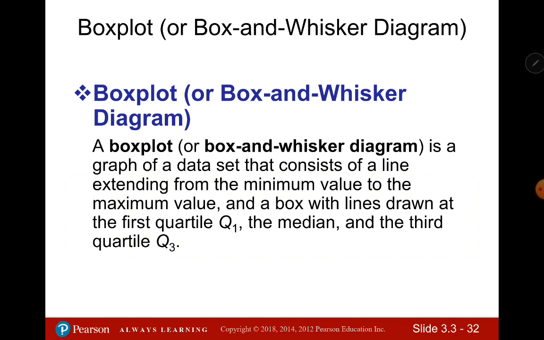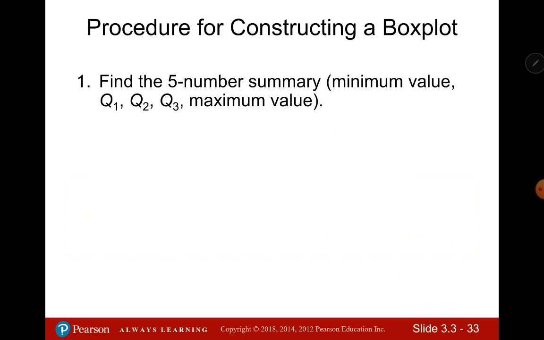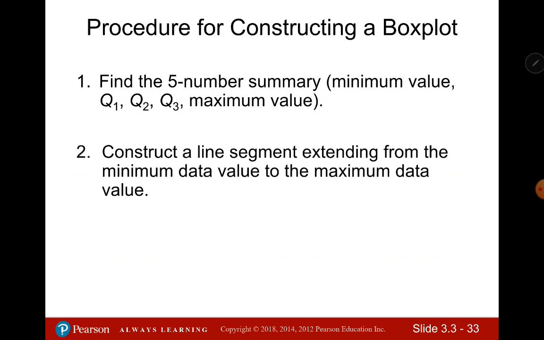Okay. Then we can use this 5-number summary to draw another graph called a box plot. Before we draw a box plot, we need to list the 5-number summary first.